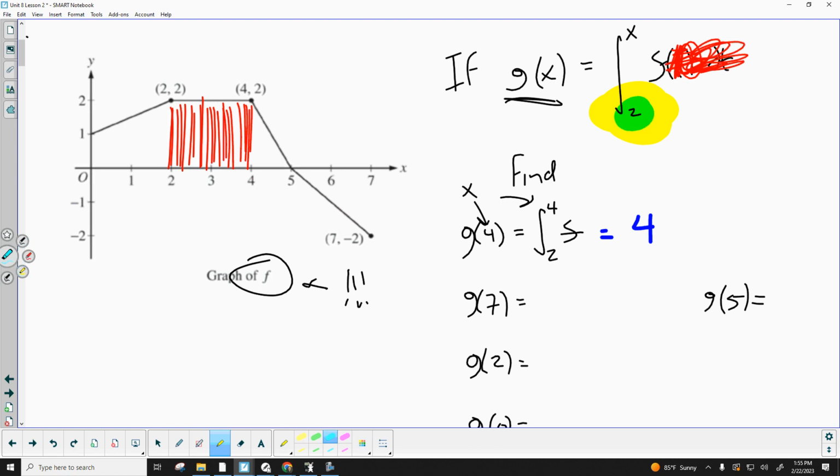All you're replacing is X with your number 4, or X with your number 7, or X with your number 5. Come on, you have to do it. If you don't do it, then you won't see the beautiful thing.